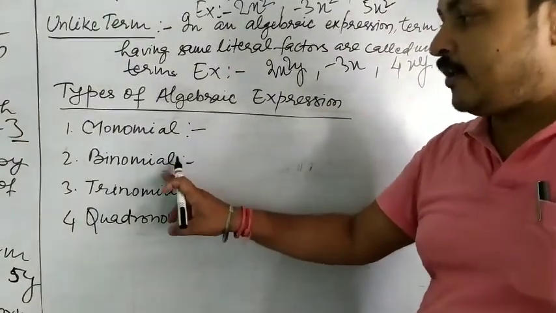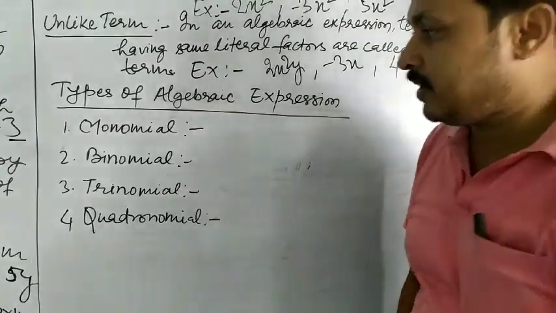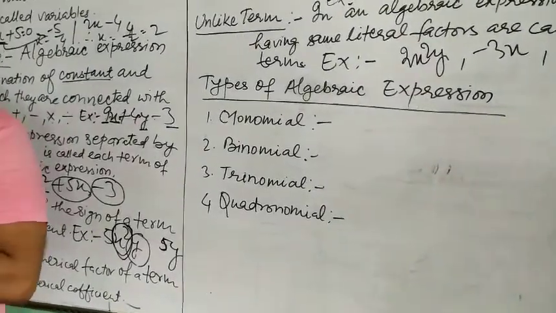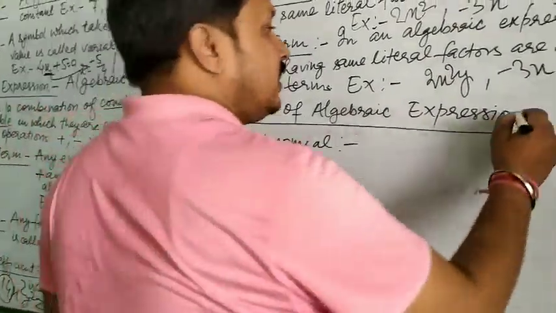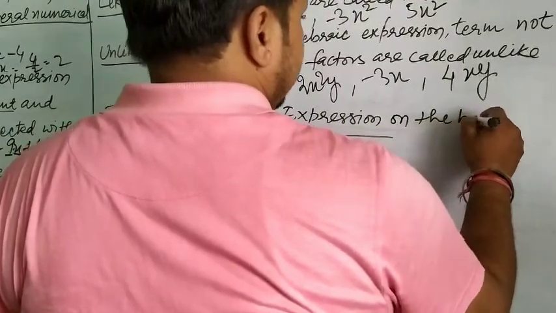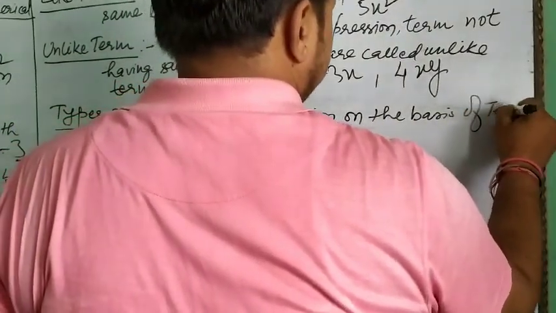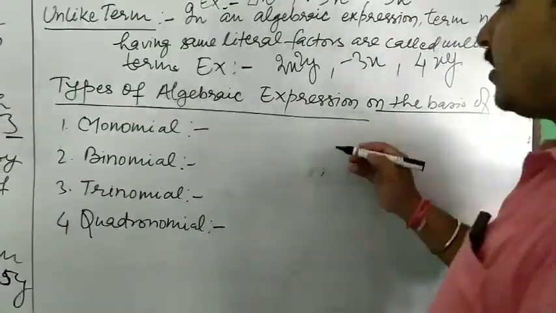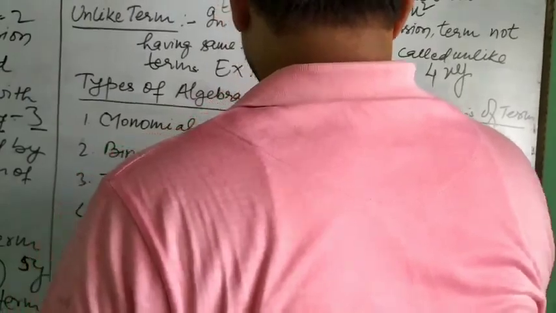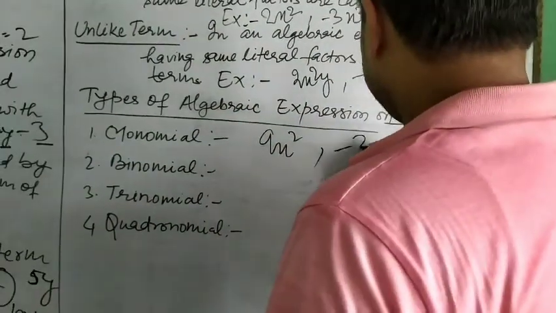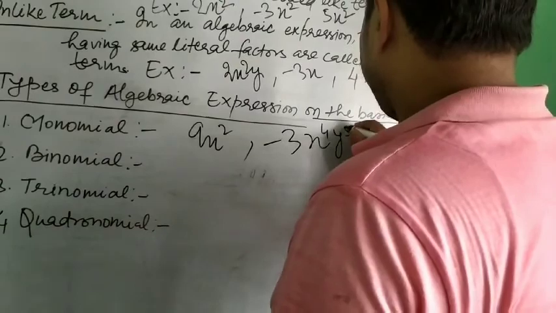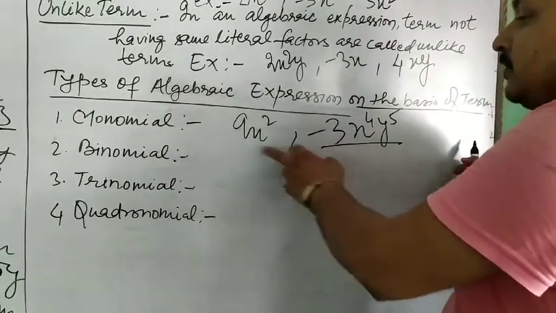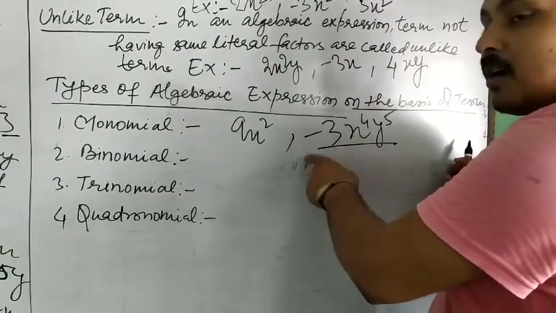First is monomial, second binomial, third trinomial, and fourth quadrinomial. Monomial means one term, on the basis of terms. Monomial means 9x cube, one term; minus 3x4y5 is also one term, because between two terms a plus or minus sign should be given.